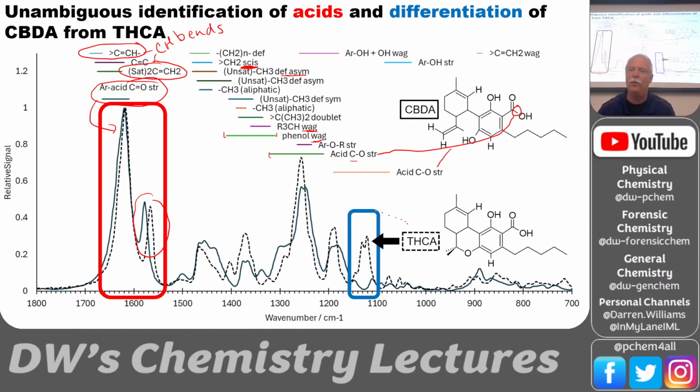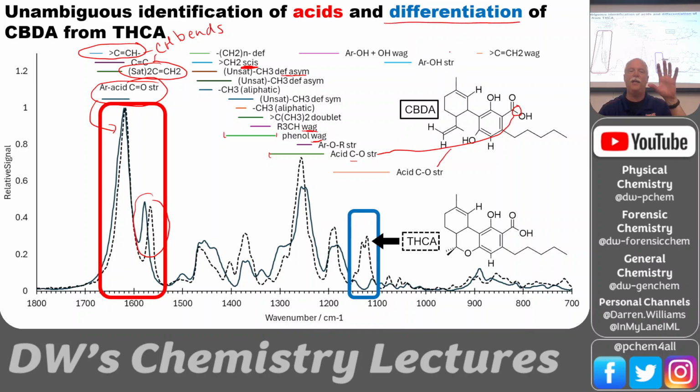And that's what I have in the blue box. So THCA has this little doublet here at 1120, and CBDA does not have that at all. So that's a good way to tell between the two. That's why I labeled it blue and call that the differentiation.